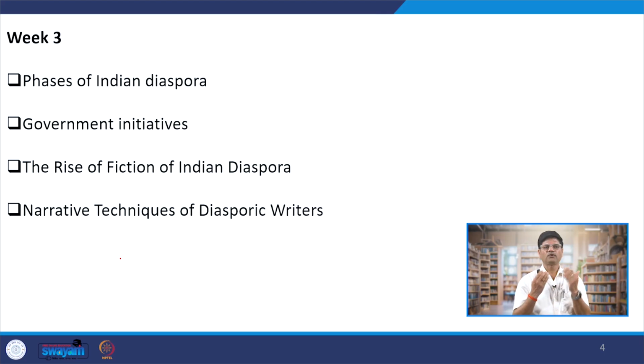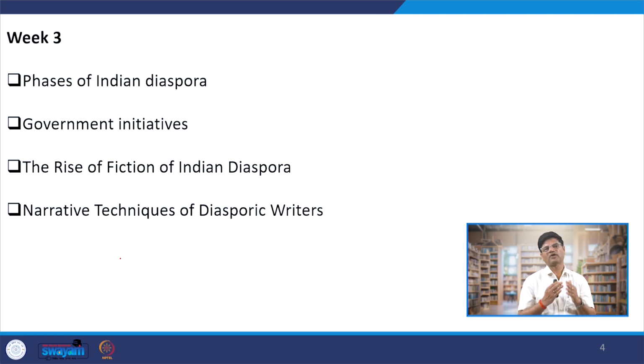And so if we look at the rise of fiction of Indian diaspora, this is permeated by the experiences of the people belonging to Indian diaspora living abroad. And this also includes the classical diaspora or the colonial Indian diaspora alongside the contemporary diaspora.